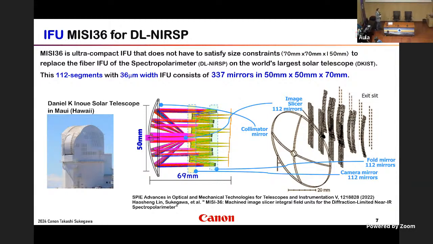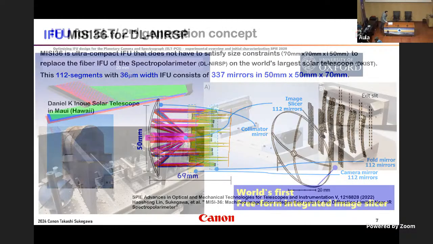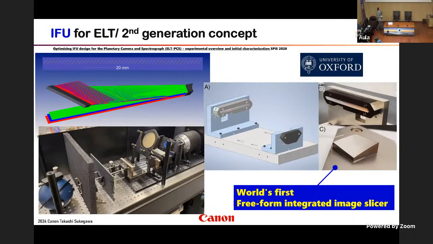But now we are changing the whole instrument for our machine type of the IFU, now operating in Maui. And also, the second generation from Oxford is planned for the ELT project. This is the first one, and the second generation is already prepared of the IFU, a very funny IFU.